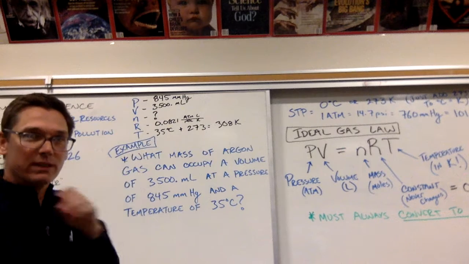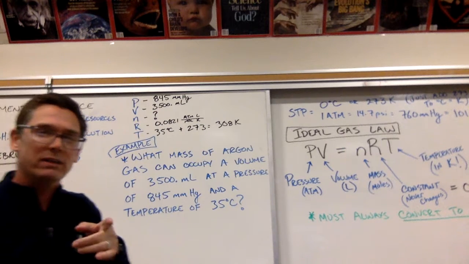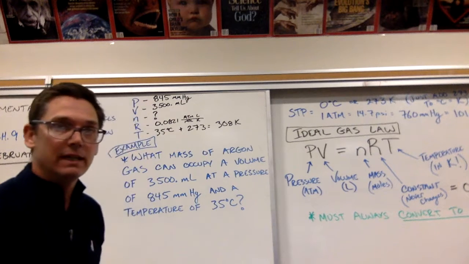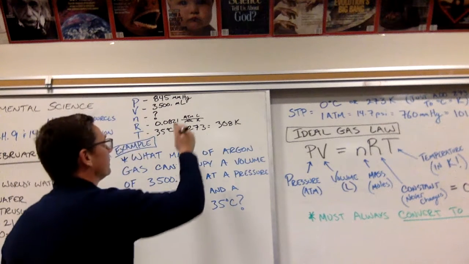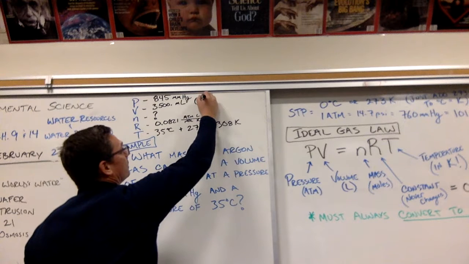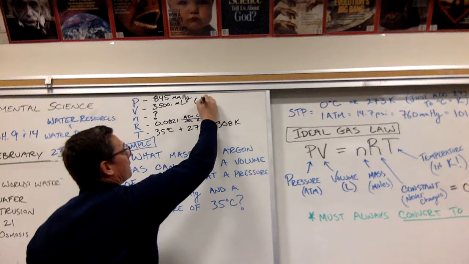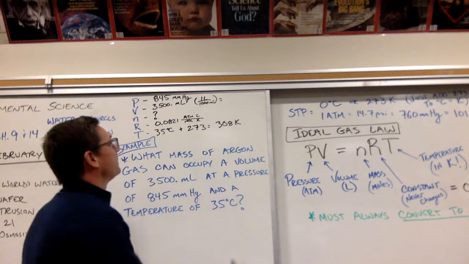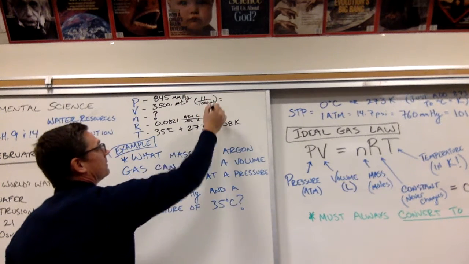Okay, volume 3,500 milliliters. What do I need my volume to be in order to input it into the gas law? Yeah, it needs to be liters, right? So let's convert it to liters. So we know that in every 1 liter, there are 1,000 milliliters, right? So now we can cancel out the milliliters, okay?